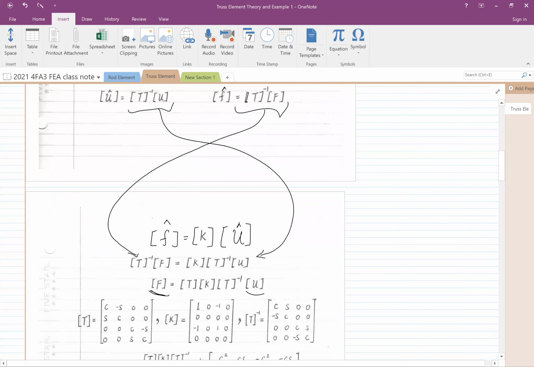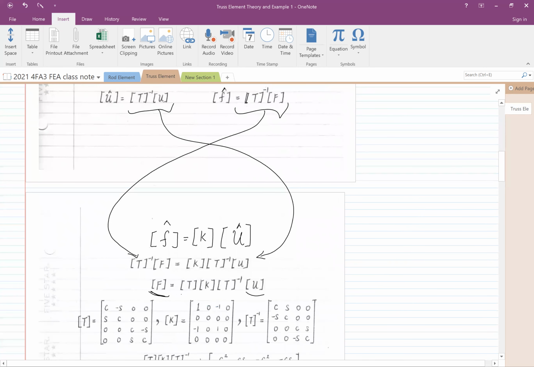So I use the transformation matrix 2 times to get rid of all the heads. Everything is represented in a regular reference frame now.